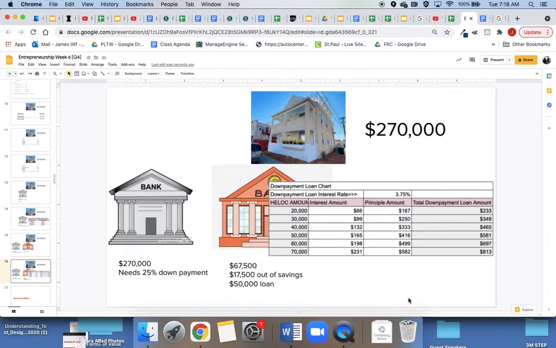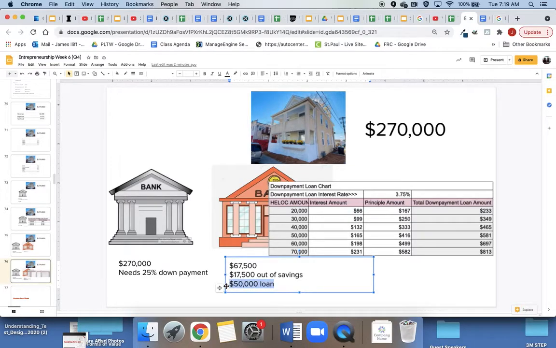Long story short though, you guys, you've got to figure out how much you need to take from this bank to get this $67,000. Again, if we said that you were going to pull $17,000 out of your savings and you only needed to take a $50,000 loan, then the amount that you're going to be paying back per month to this bank is $581.